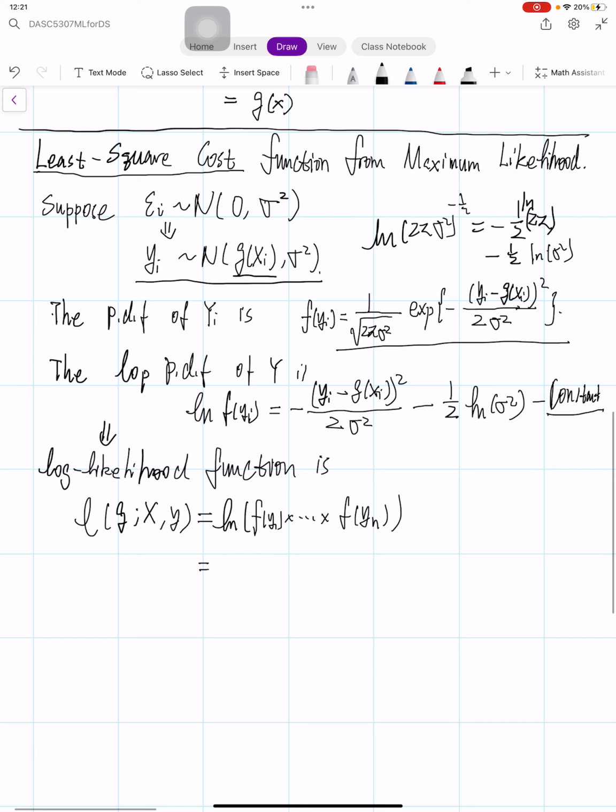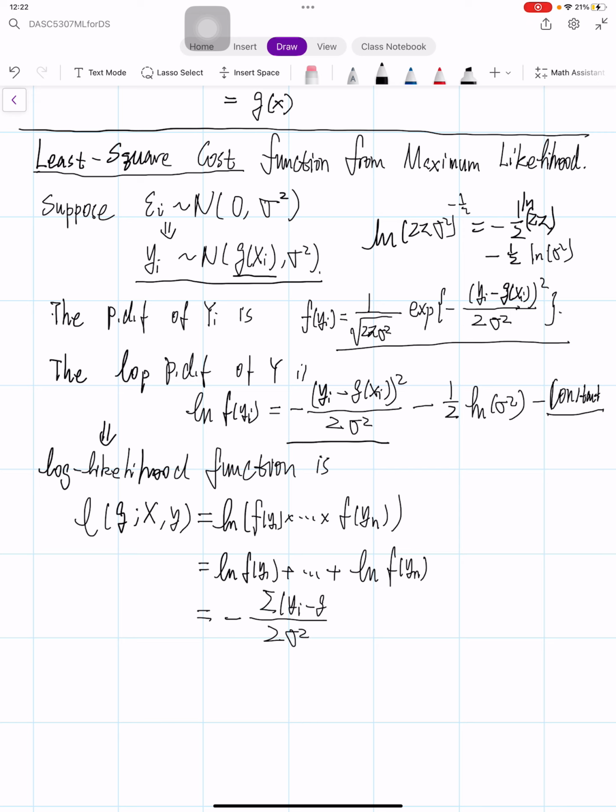This equals the log f(y1) plus through the natural log f(yn). Each term is equal to this, so this equals negative 1 over 2 sigma square times the summation of (yi minus g(xi)) squared, plus some constant.